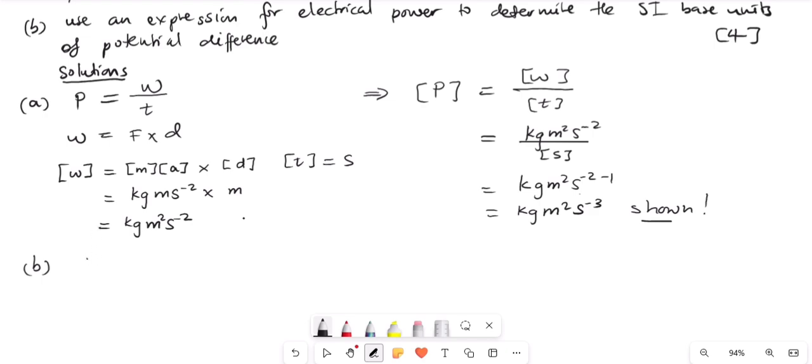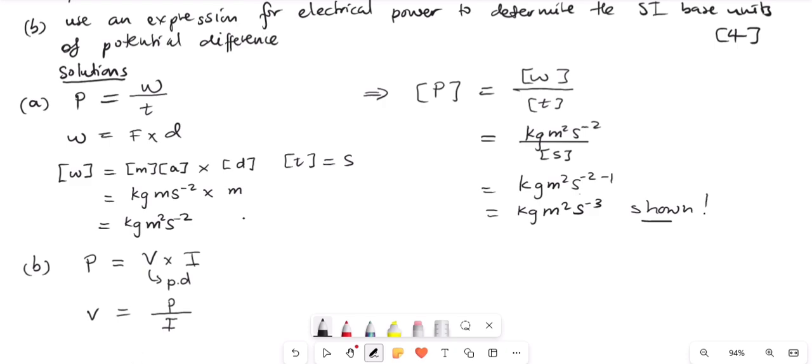In electricity we know that power is equal to voltage times current, where the voltage is the potential difference that we are looking for. So from here we can see that V will be equal to power over current.